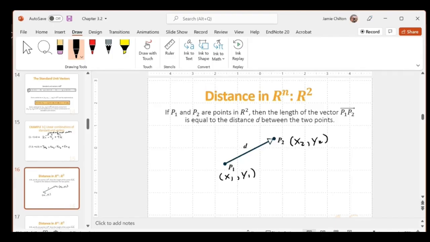So if we wanted to calculate the distance between 2 points, we'd be calculating the distance d. In a similar way, we'd want to think about finding the distance between P1 and P2. It's going to be very similar to what we did before with the norm, but now we're finding the distance between those points.